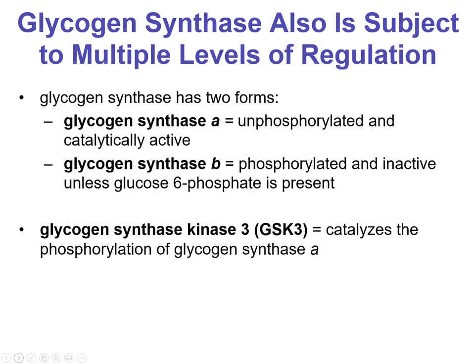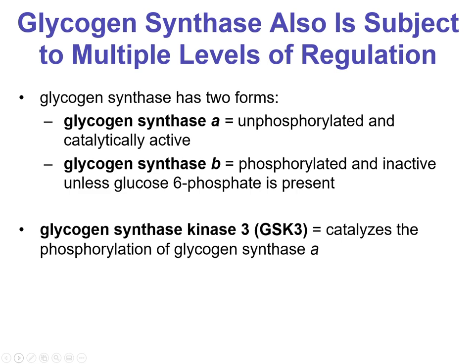So glycogen synthase is also subject to lots of regulation. Glycogen synthase A, unphosphorylated, is catalytically active. Glycogen synthase B is phosphorylated and inactive. So the A form is active, the B form is inactive. And it's the same thing for both of these enzymes.